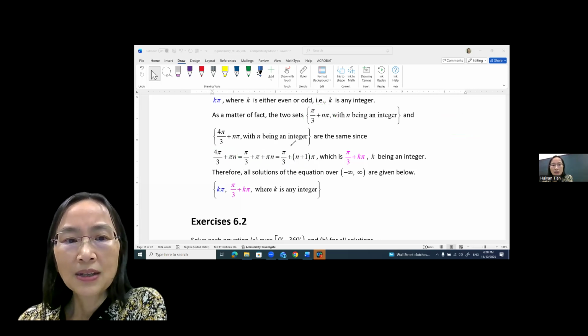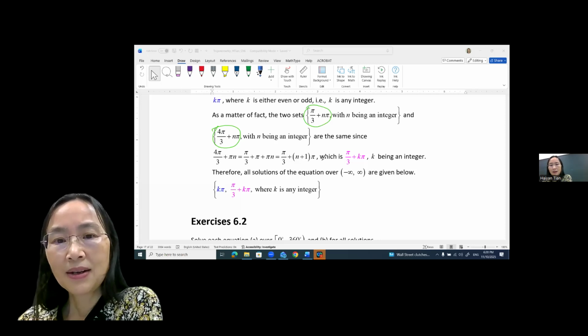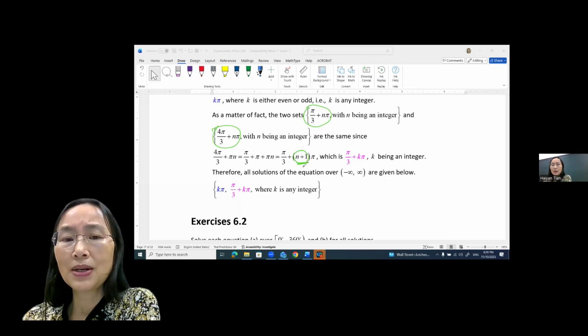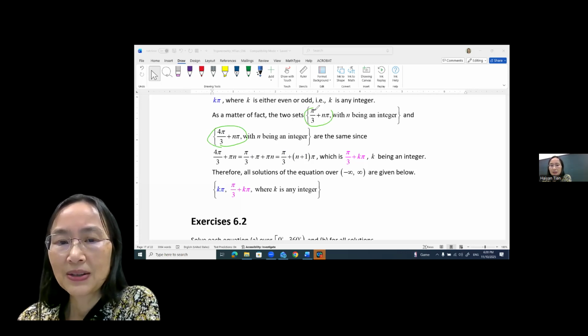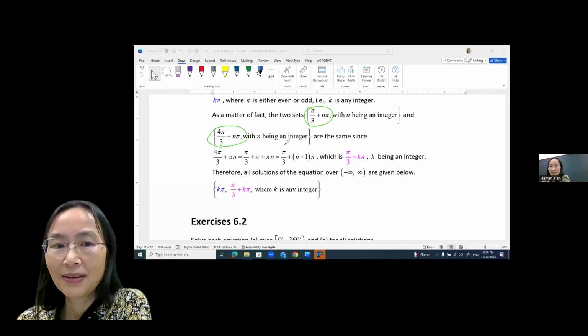So that means the two sides are essentially the same, because this n is arbitrary, so n plus 1 is also all the possible integer values. So if you rewrite this set of possible solutions, they are essentially the same set, only because the second one can be written as, you see, pi over 3 plus some integer multiple of pi.